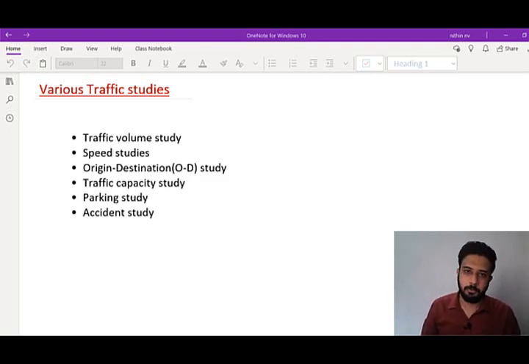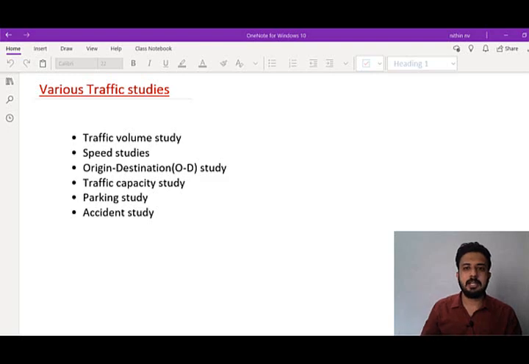Those things we have to report. Based on that we may put some control measures. Sometimes we can put signals, sometimes some speed breakers, some speed limit signboards. So these things we decide based on this accident study.